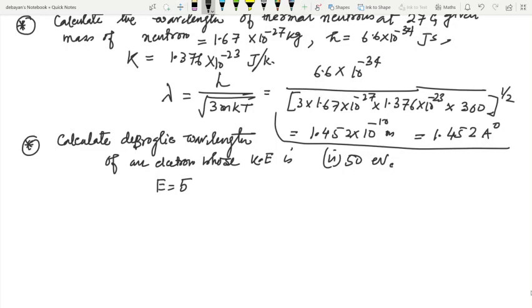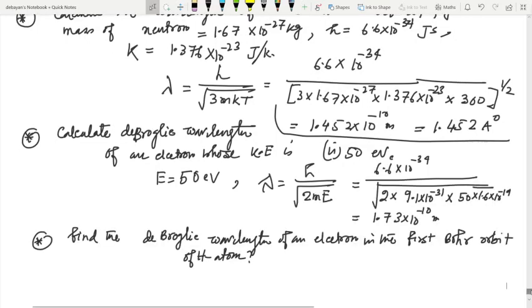So what do you have to find? You have to find the corresponding energy. If you find the energy, you can put it into lambda equals h by root over 2mE. So we know that the energy of the electron in the Bohr orbit is En equals minus 13.6 by n square eV.